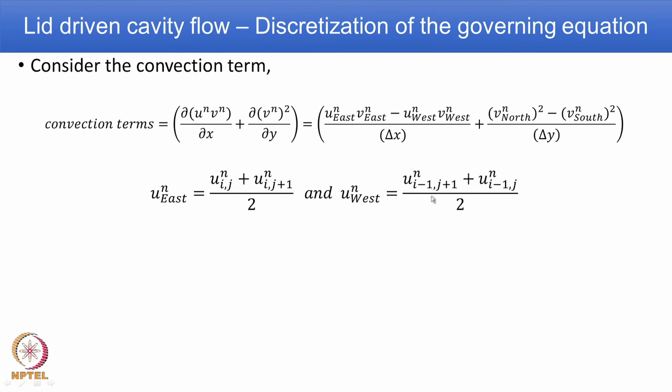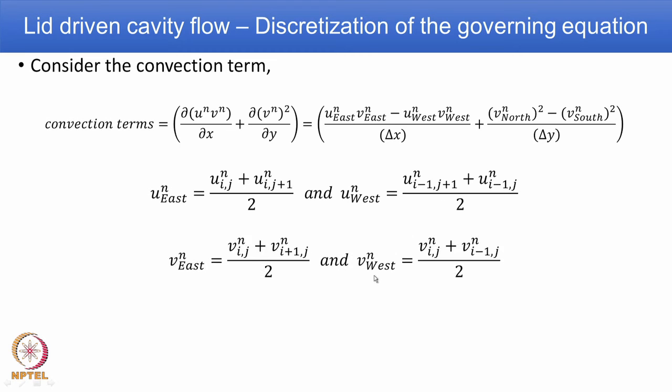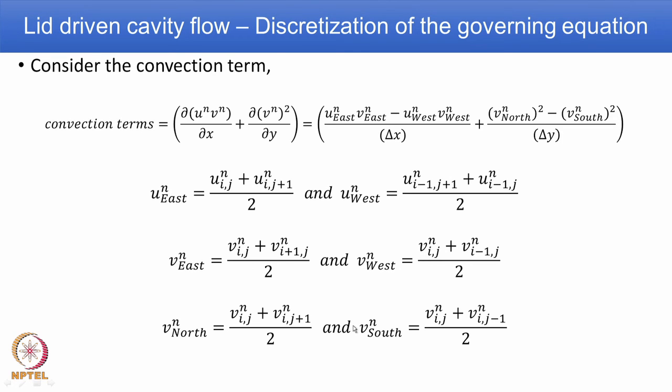Similarly, for the west, the corresponding index is I minus 1. So, u I minus 1, j plus u at I minus 1, j, divided by 2. Similarly, for v, v at east is evaluated by central differencing type of approximation. Similarly, for the other one, and also for north and south.